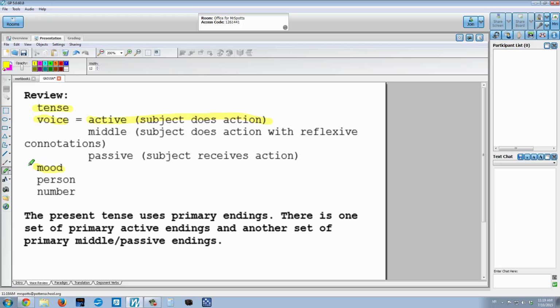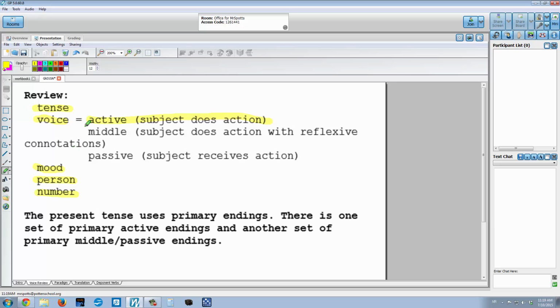It shows how closely related it is to reality. We've met person, which in general can be first person for I or we, second person for you, third person for he, she, it, or they, and we've met number, singular, one of somebody doing it, plural, more than one.